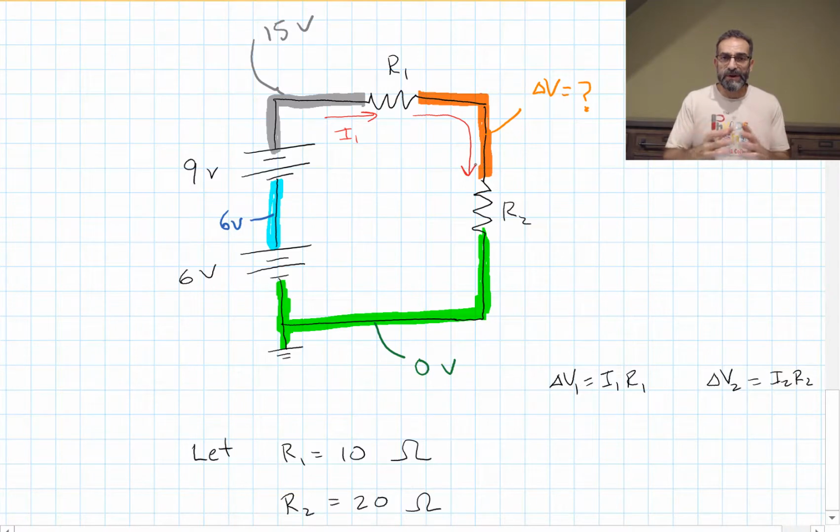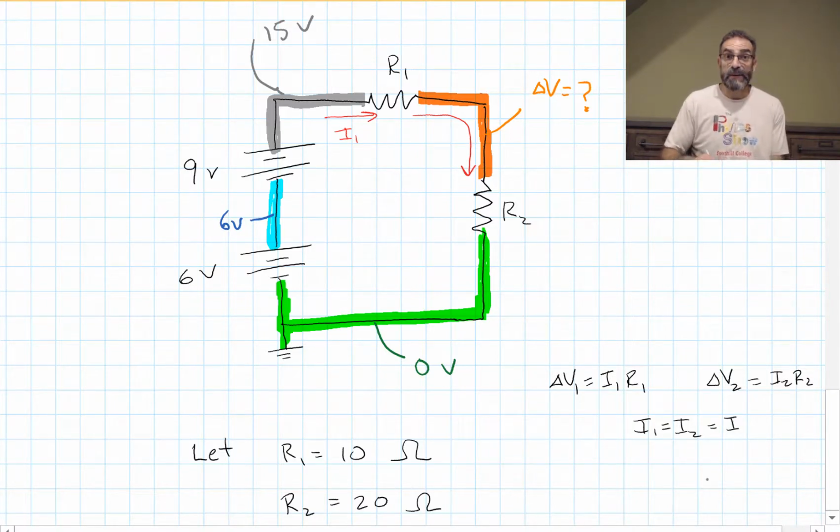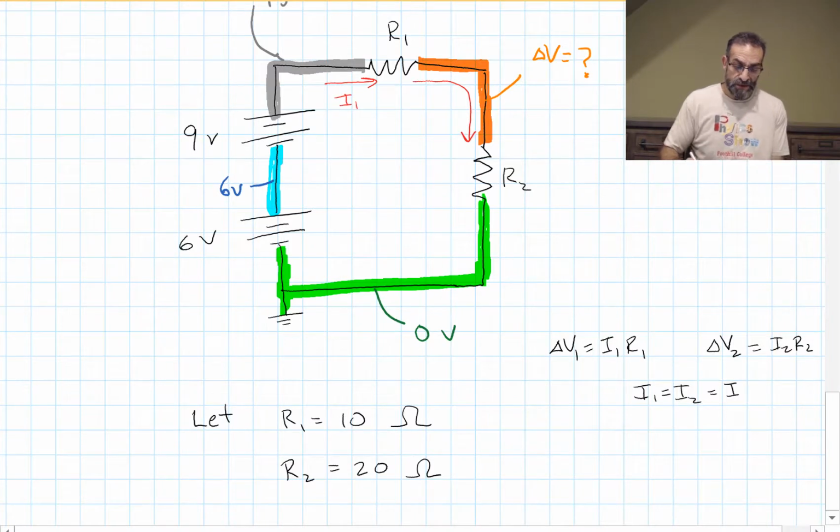There are no branches for the current to split and take another path. All the current that goes through 1 has to go through 2. So I1 and I2 must be the same here. I'm just going to call it I from now on.